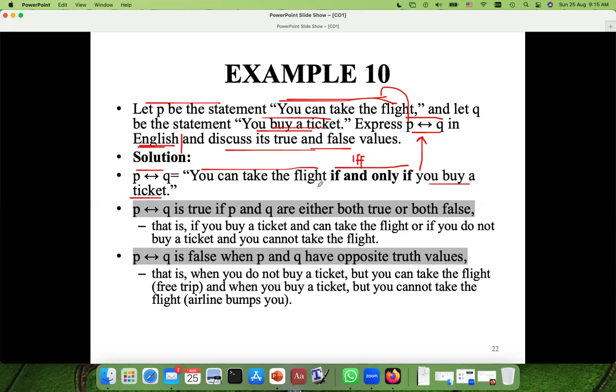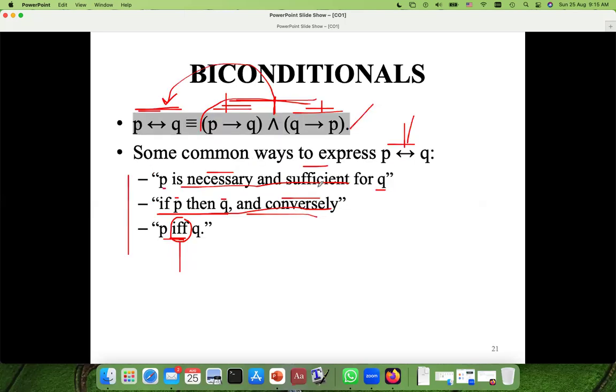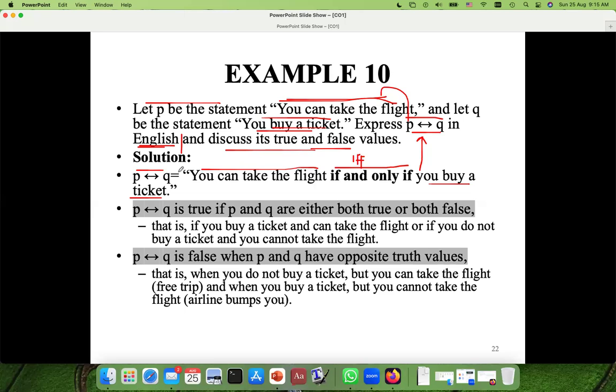If we want to use this one, P is necessary and sufficient for Q. The first one is what? Take the flight. Second, a ticket.